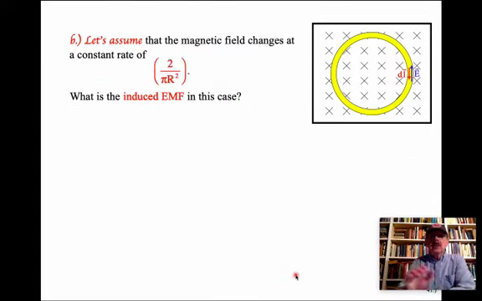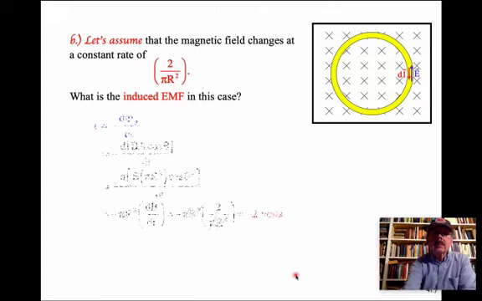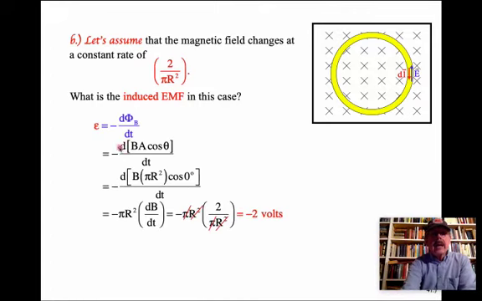Okay, so having done all of that, you kind of see how the math works. Let's assume that you have a magnetic field that changes at a constant rate of 2 over pi r squared. So what's the induced EMF in this case? I just do the math.